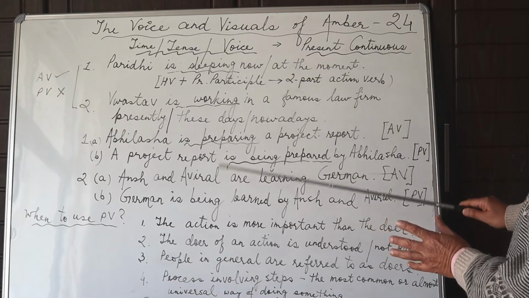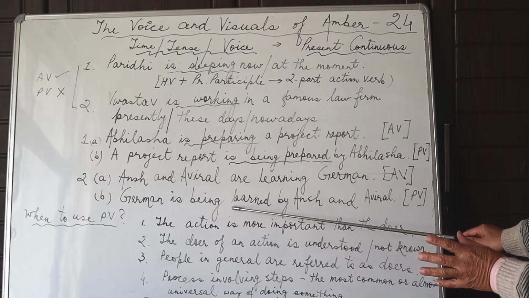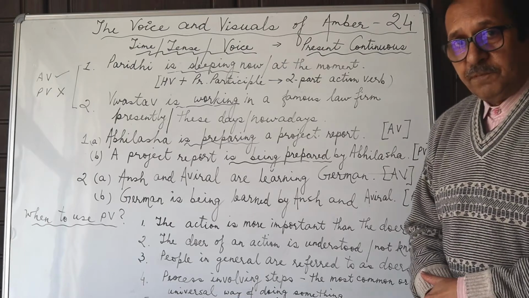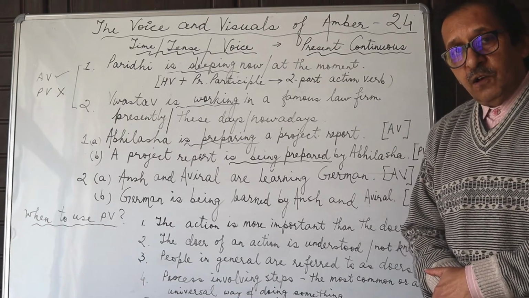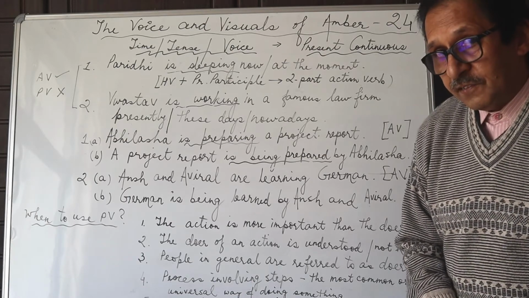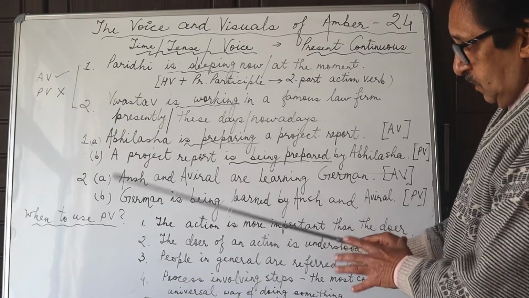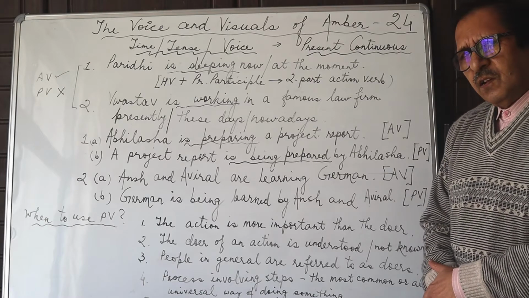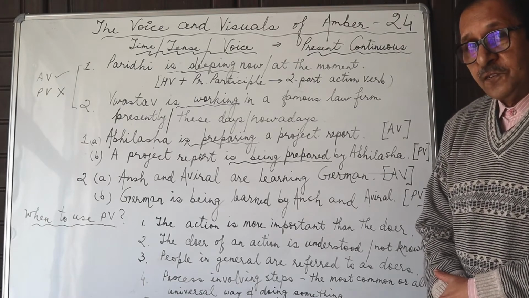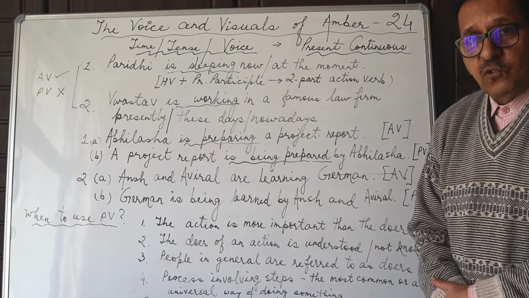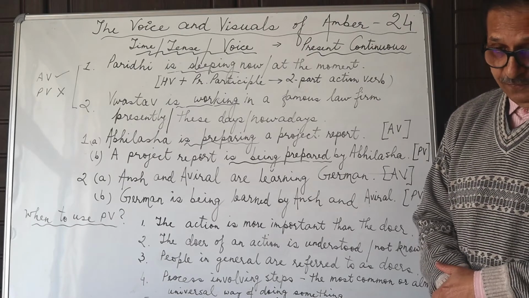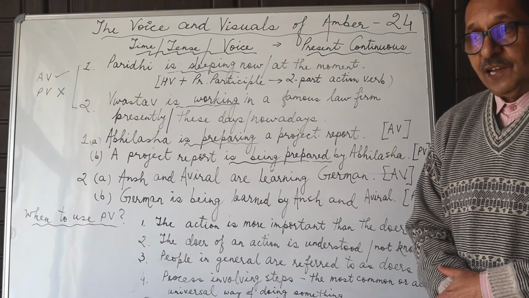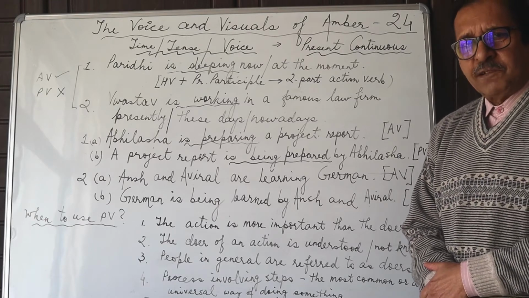So, before we move on to the next session, that is the third form of the present tense, the present perfect tense, we will now just have a very quick look at when to use passive voice. We should not just use passive voice like that. An examination question at times can be somewhat impractical.